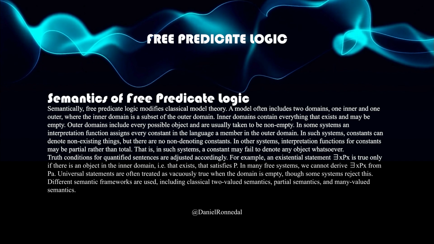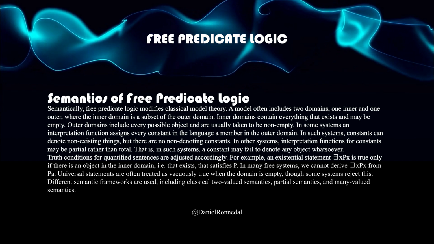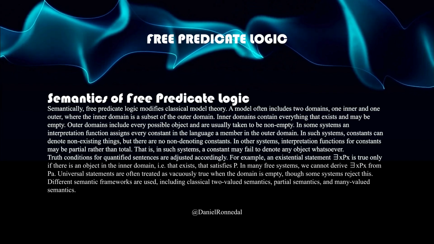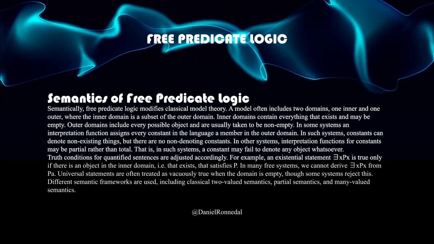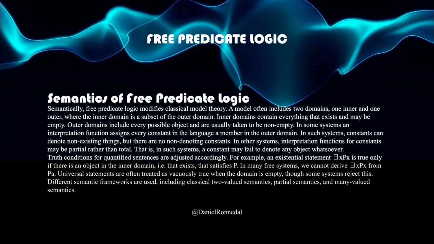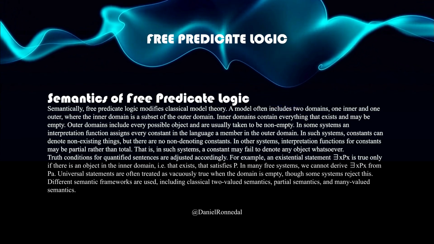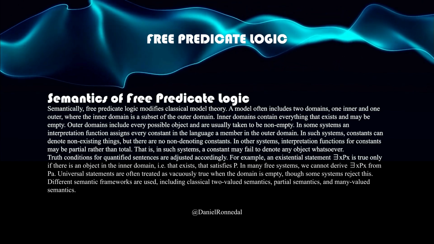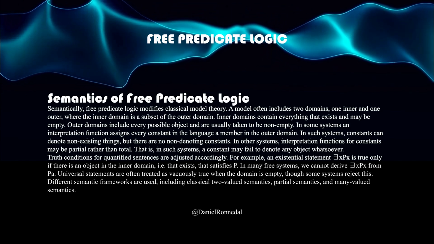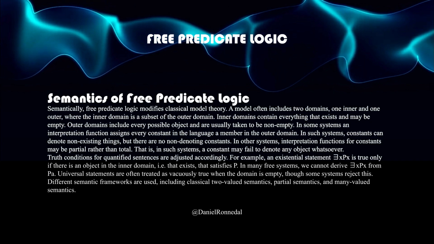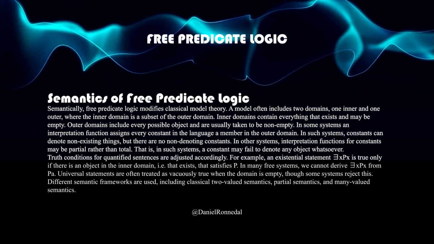For example, an existential statement, "There exists an x such that Px," is true only if there is an object in the inner domain, that is, that exists, that satisfies P. In many free systems, we cannot derive "there exists an x such that Px" from Pa. Universal statements are often treated as vacuously true when the domain is empty, though some systems reject this.